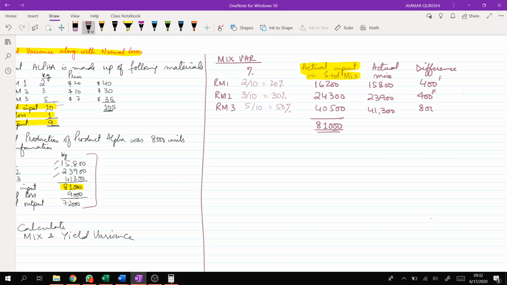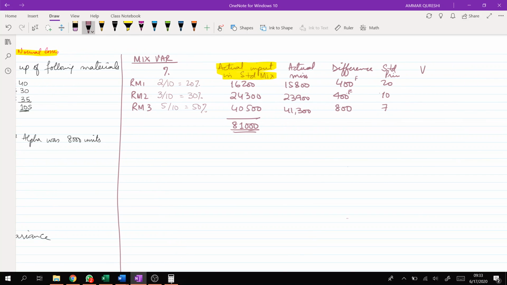That means actual input is higher. We made an input of 41,300 instead of 40,500, so actual input is higher, right? So we calculated the difference. Now we need to multiply it with the standard price. Standard price is this one, 20, 10 and 7, right?